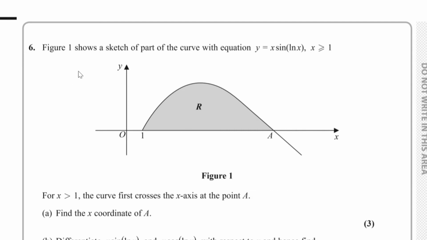Question number 6. Figure 1 shows a sketch of part of the curve with the equation y equals x times the sine of the natural log of x, where x is greater than or equal to 1.